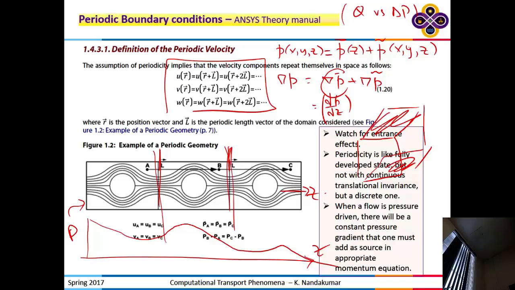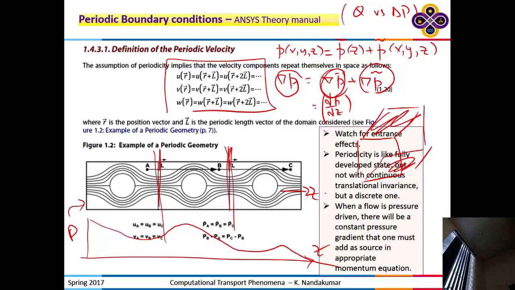But when you do encounter problems like this, what you do is you go into the Navier-Stokes equation and look at this term, gradient of P, and split it into 2 parts. This part is periodic, but this part is a given number. You input that number as a source term. That's the one that drives the flow.